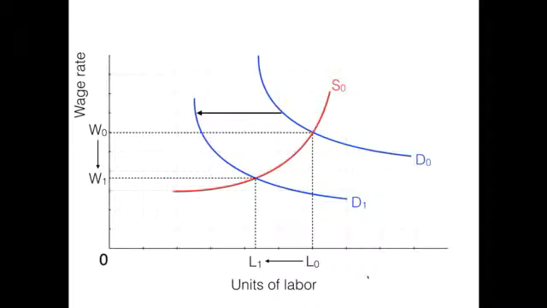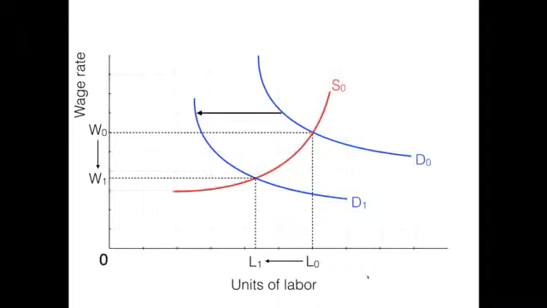The classical school believes that markets tend to move towards equilibrium relatively quickly. It's not an instantaneous adjustment from W0 to W1, but eventually we move to a lower wage rate under this scenario where the demand curve D0 shifts to the left, and now we have D1.